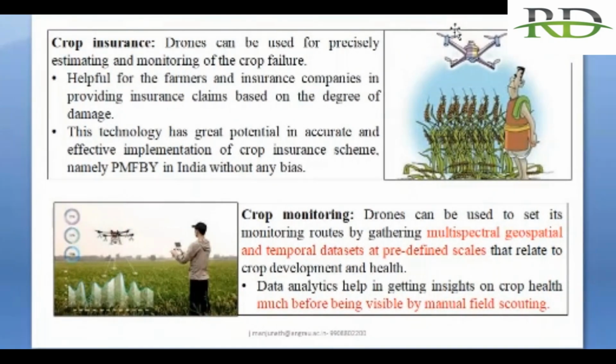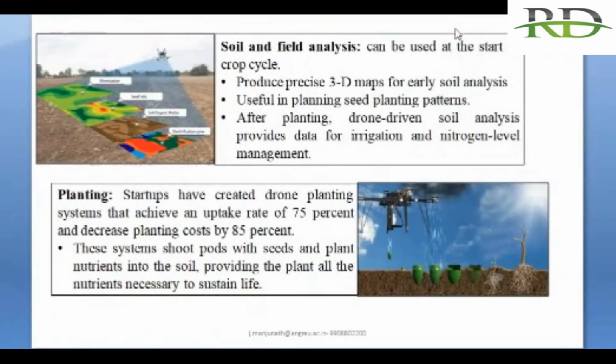As I told you, we use multispectral, that is, so many sensors. By using these we can monitor, and also do soil and field analysis, that is 3D mapping. We can observe soil analysis, plan for seed planting, and see the nitrogen level by observing multispectral.